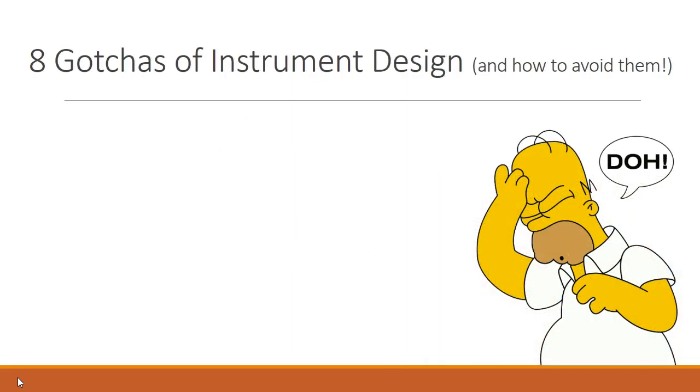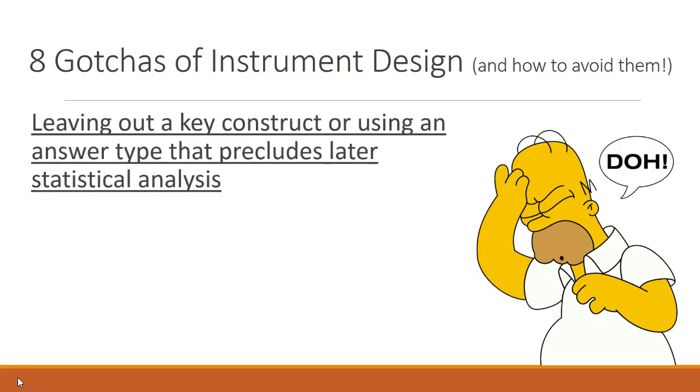Next, leaving out a key construct or using an answer type that's going to preclude later statistical analysis. In other words, not thinking through what it is that you really want to end up with and leaving some key single item question out that messes up your ability to analyze the results. So for this, advanced planning is critical.